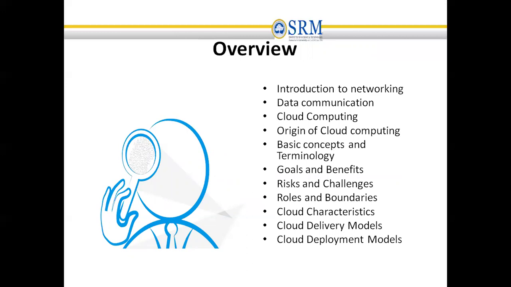This video content for unit 1 discusses cloud computing, the origin of cloud computing, some basic concepts and terminologies involved, goals and benefits, risks and challenges, roles and boundaries, cloud characteristics, and cloud delivery models and deployment models. For understanding cloud computing, we need to understand the basics of data networks and how the communication exists between the data networks.